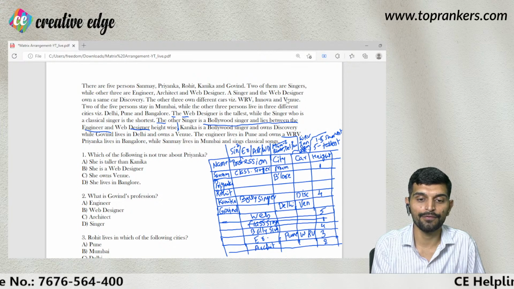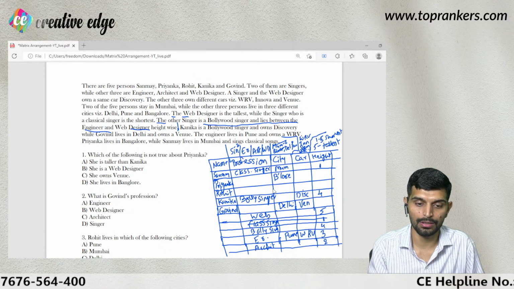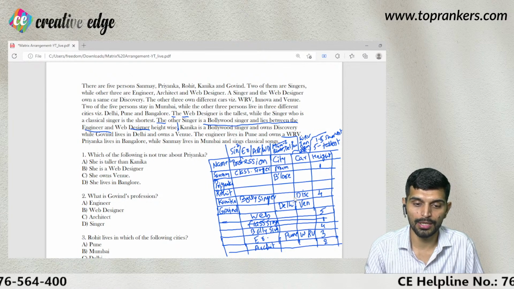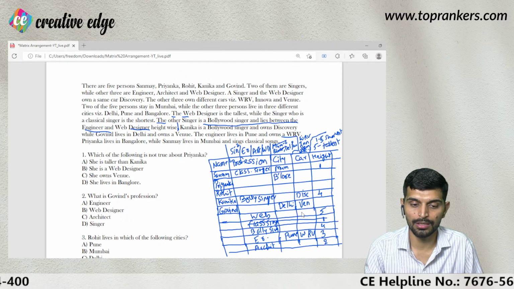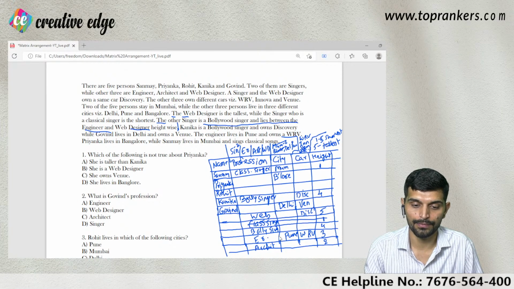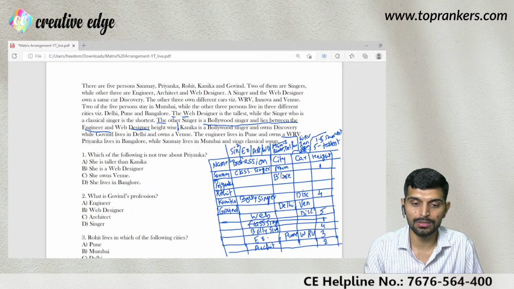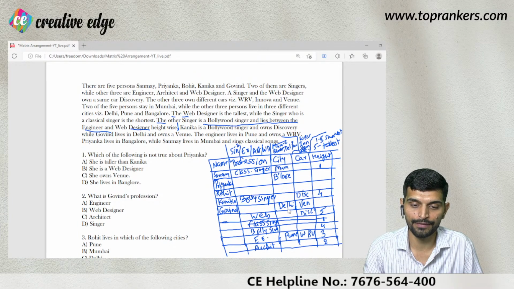A singer and a web designer own the same car, Discovery. The web designer, the singer already. So this web designer should also have Discovery, right? After this, we have Sanmay living in Mumbai, Priyanka living in Bangalore, and Govind living in Delhi.